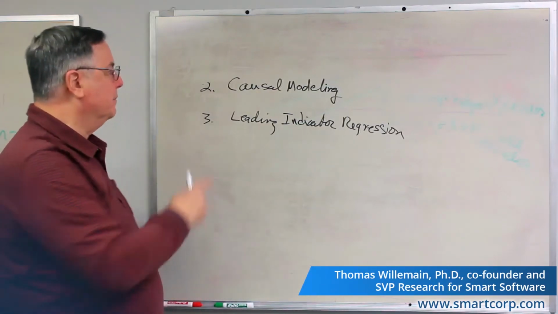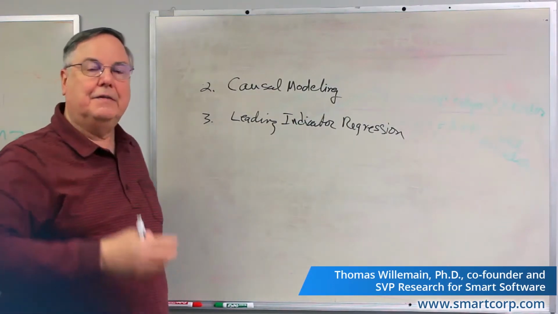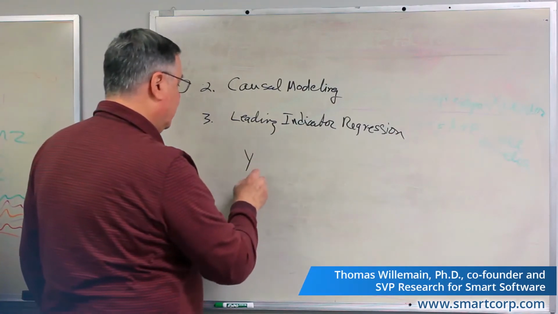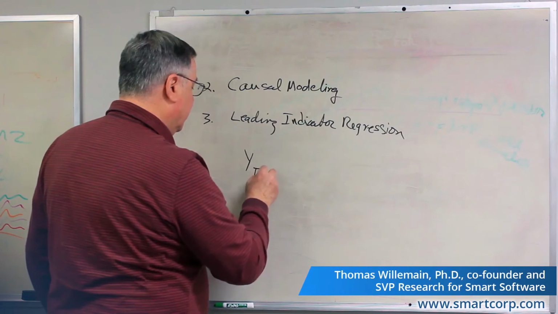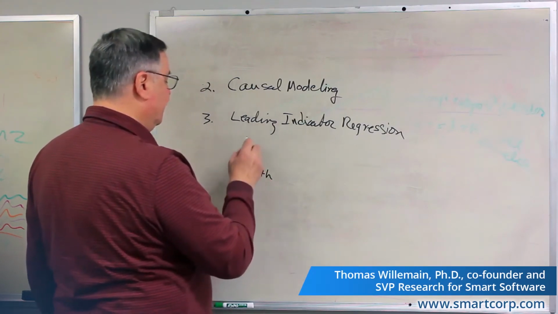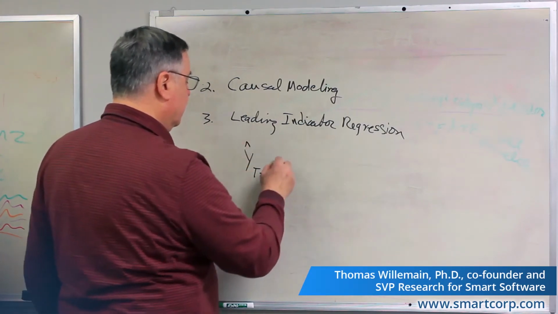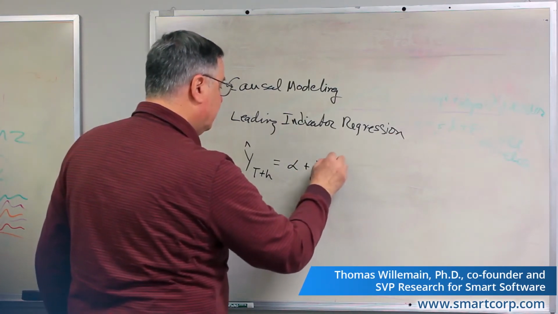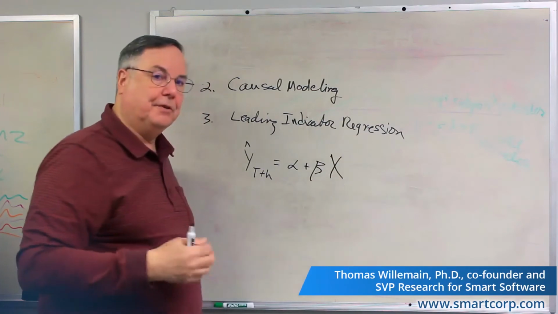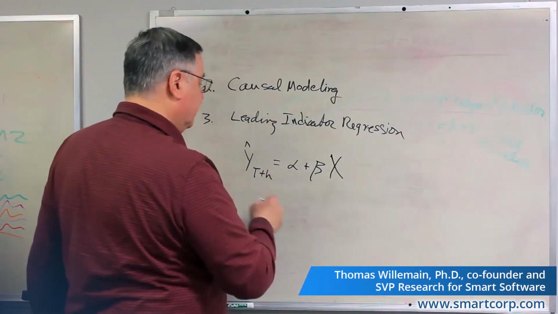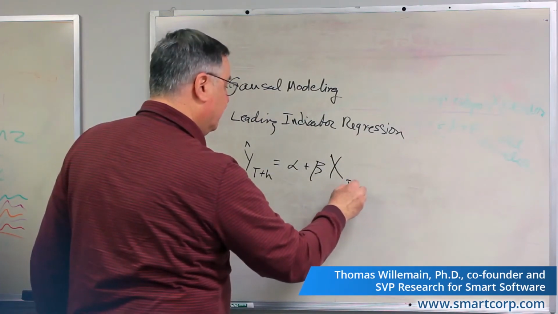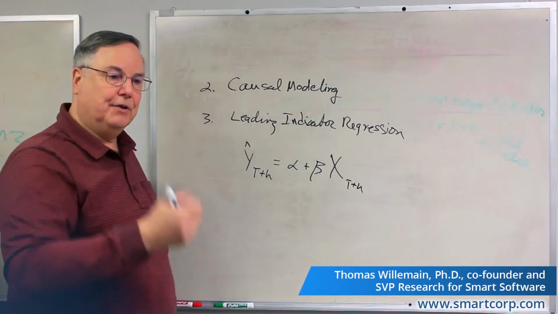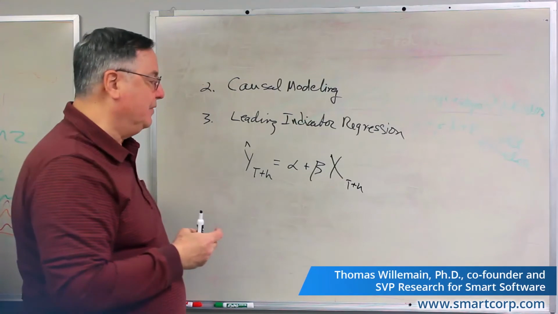Now, the second approach is causal modeling, and that's just really the one we talked about at the beginning. We want to forecast y at some future time, say t plus h, and we're going to have a regression equation, and we're going to use some x, some other variable, to predict it, but that variable has to be known at a future time as well, because they're always measured at the same time.